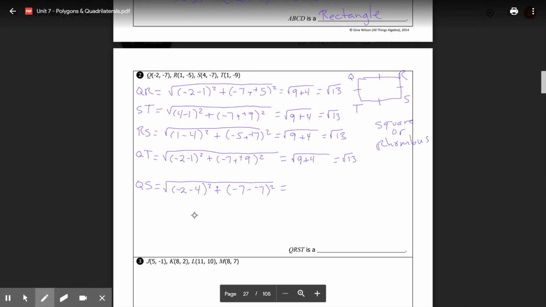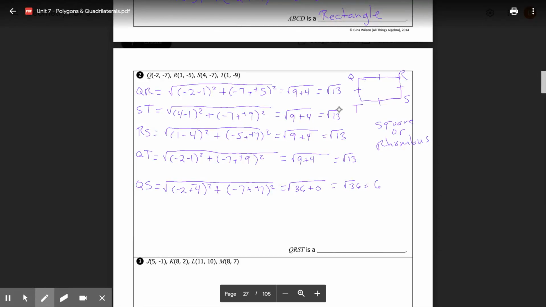So -2 minus 4 squared, let's see, -2 minus is the same as plus, so that's -6. -6 squared is 36. And then -7 minus a -7, that zeroes out. So this is plus 0. So we end up with the square root of 36, which is 6.